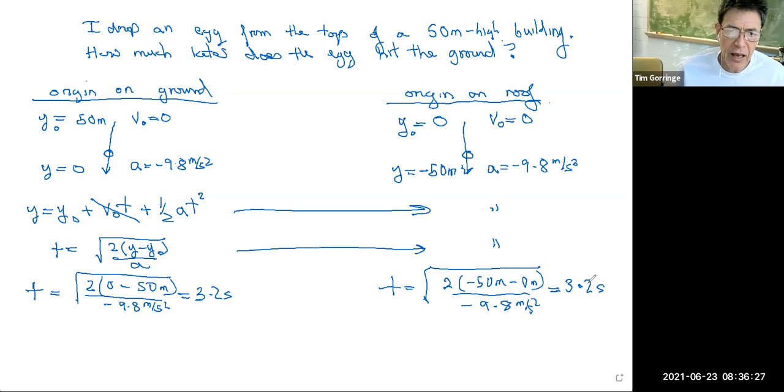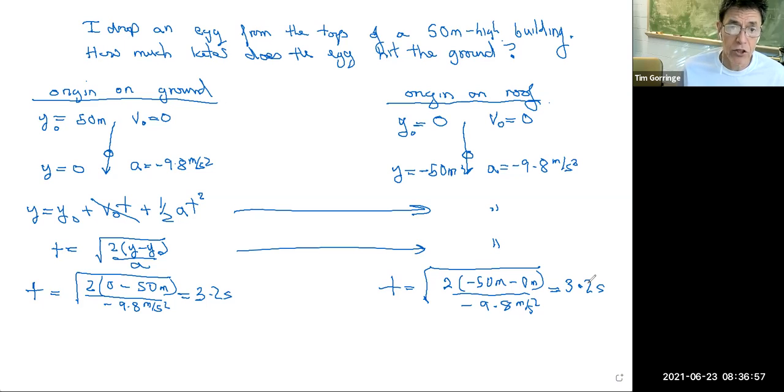And so you see there that the choice of the coordinate origin, whether it's the rooftop of the building or whether it's the ground below, does not affect our answer to a calculation of the time taken for the egg to hit the ground. It's just a choice that we made in solving and working out the problem.